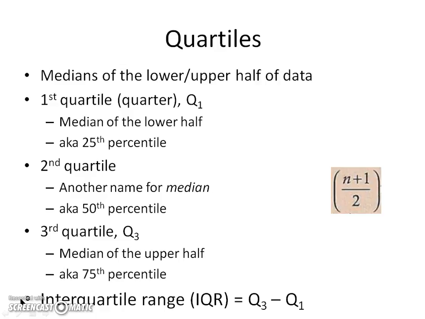A new term: interquartile range, or IQR. My interquartile range, my IQR, is simply my third quartile minus my first quartile, Q3 minus Q1. All of this may seem complicated, but let's take a look at some examples.